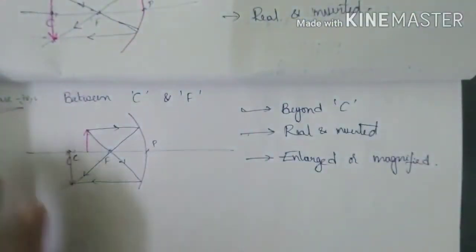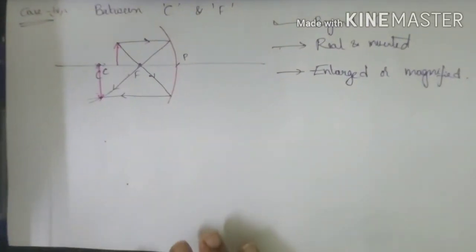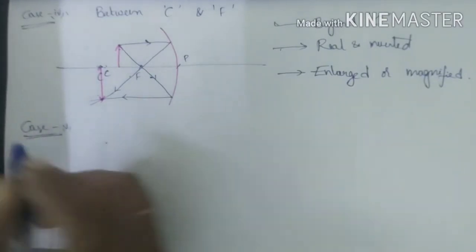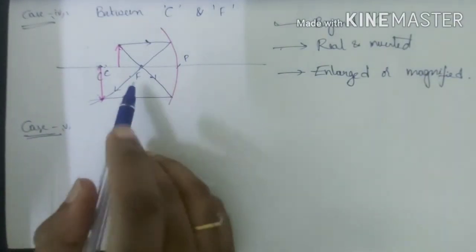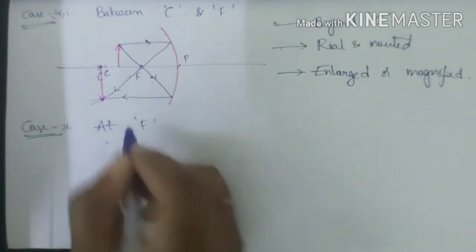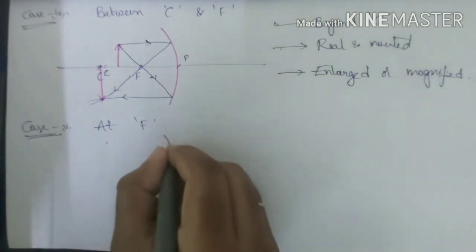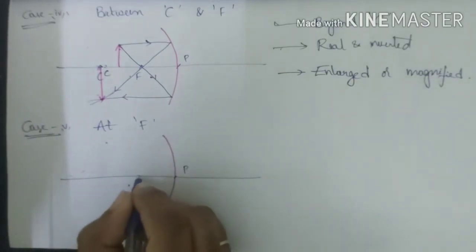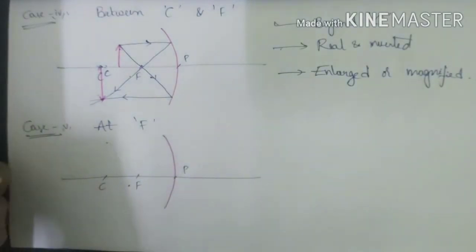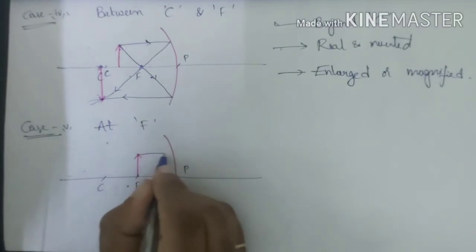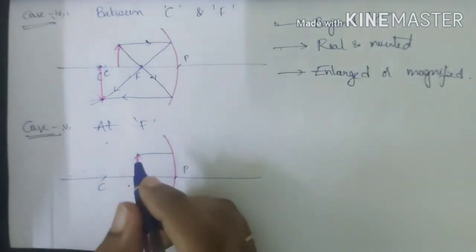Now let's see case 5. What is case 5? When the object is exactly at F, the principal focus. So drawing my concave mirror, principal axis, pole, F, C. Object, two rays, ray 1, ray 2.